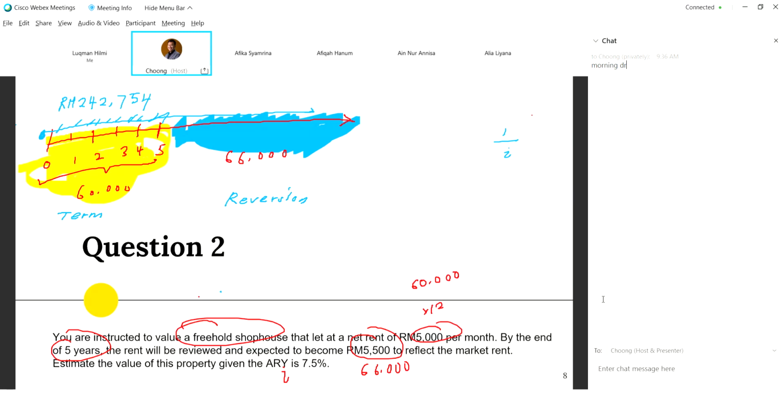When we talk about the term itself, usually we just do one review. Definitely there are lecturers and also valuation books that say, okay, fine, every 5 years they do one review. Then every 5 years you add 500, 500, 500 and so on. We do know that is possible as well.